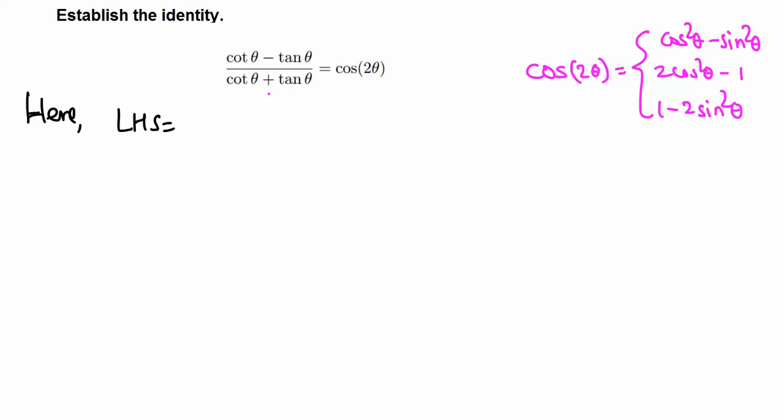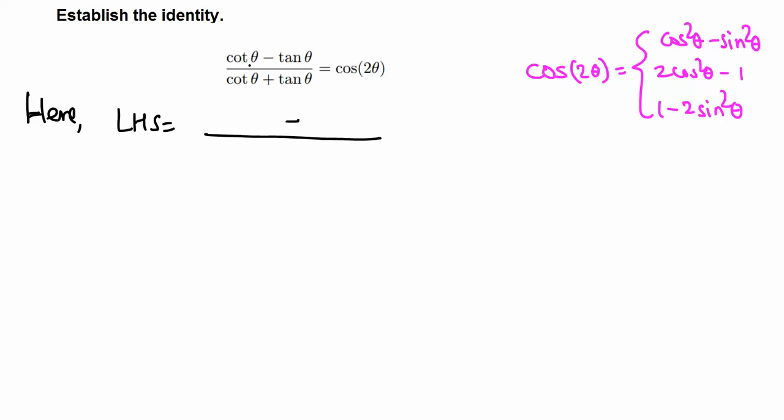That means we can now convert this into cosine and sine, because that's possible. Cotangent is cosine over sine, tangent is sine over cosine. So let's start with the left hand side and use those formulas, and hope we'll get one of these three, and that's cosine of 2 theta.